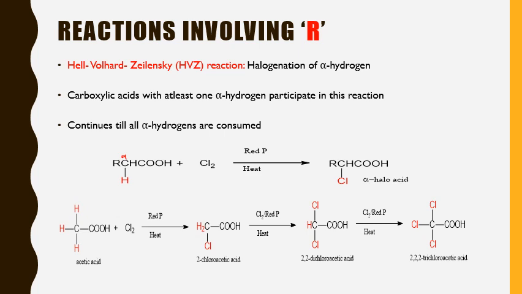So 1 more alpha hydrogen is consumed, and we have 1 more alpha hydrogen again, and we have now another alpha hydrogen converted. So that means the reaction will be carried out till 3 alpha hydrogens are converted to chlorines. That means it is a trichloroacetic acid now, right?